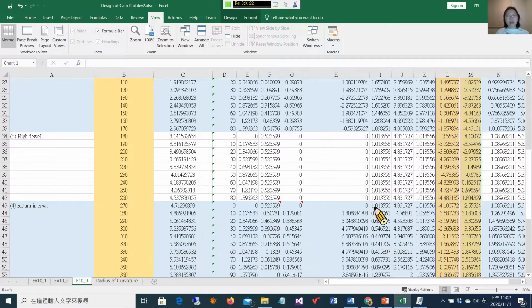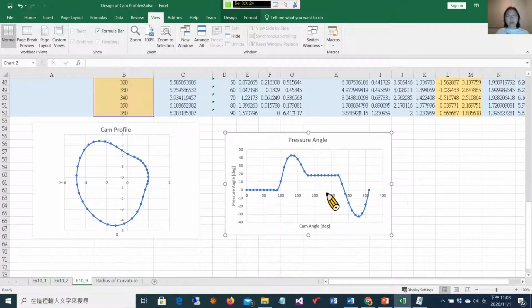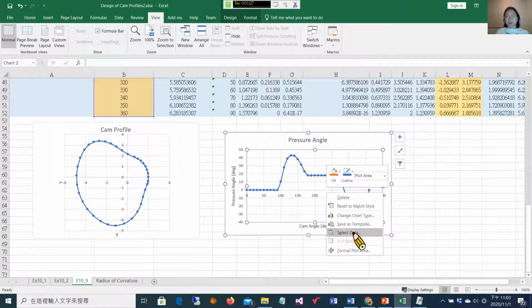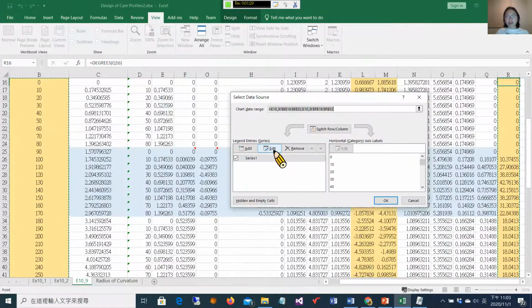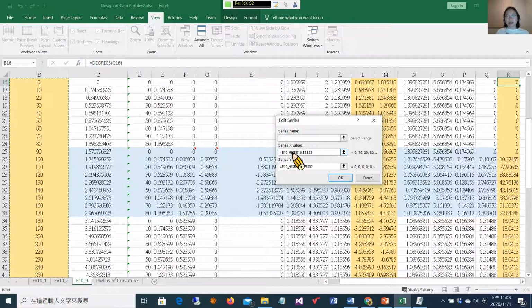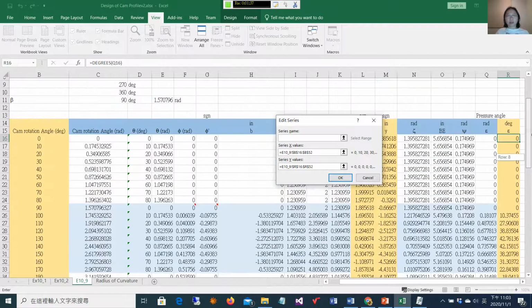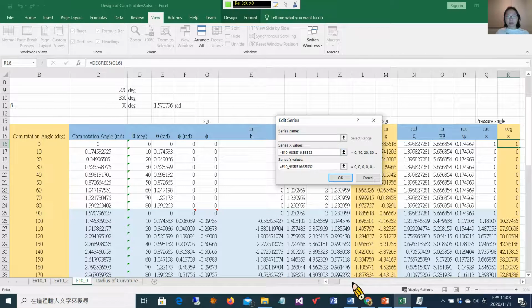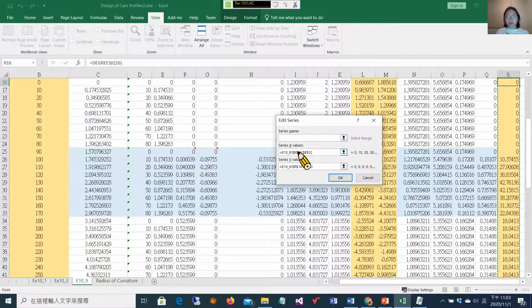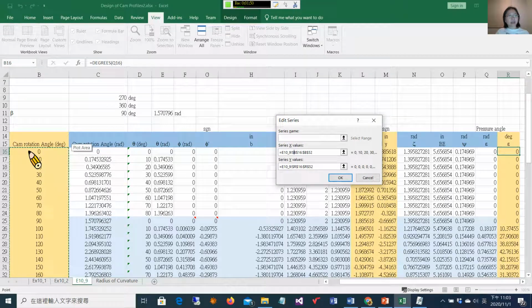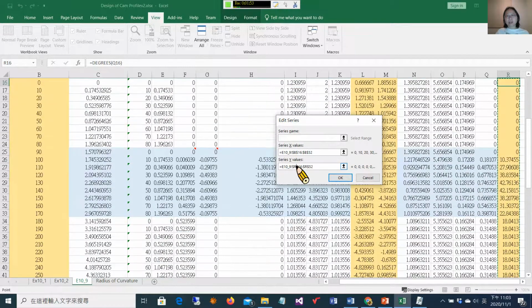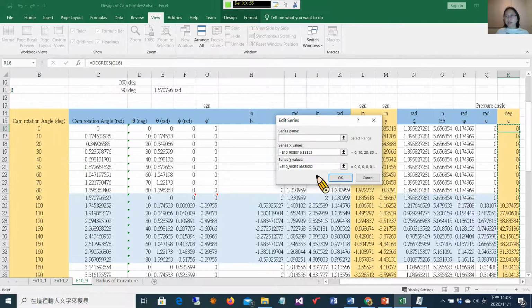And take a look at the pressure angle here. Click select data, edit it. So you can see series X values is the cam location angle, and the series Y value is the pressure angle epsilon.